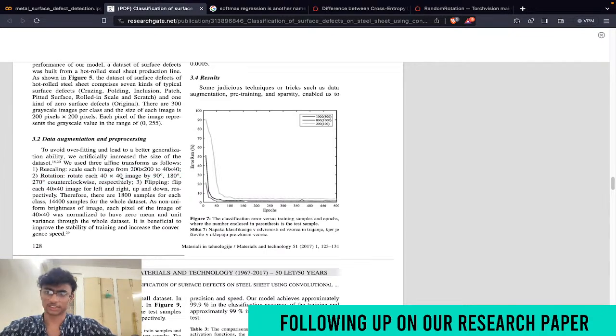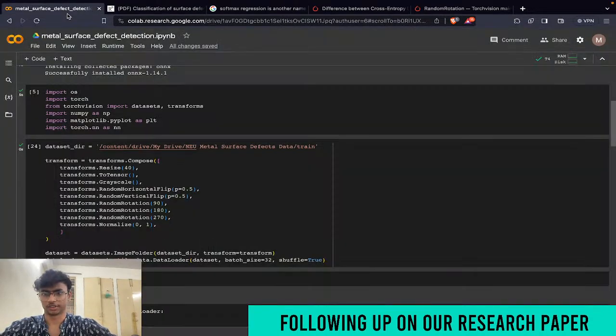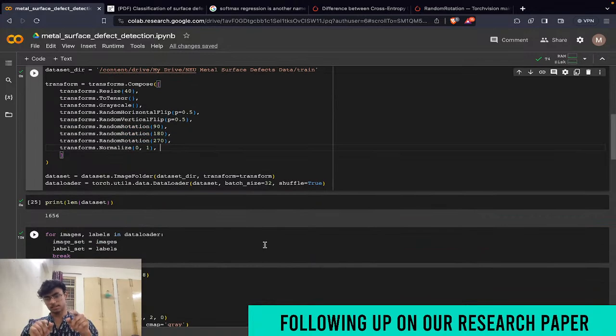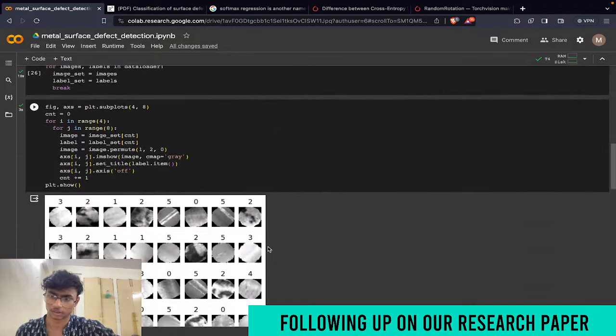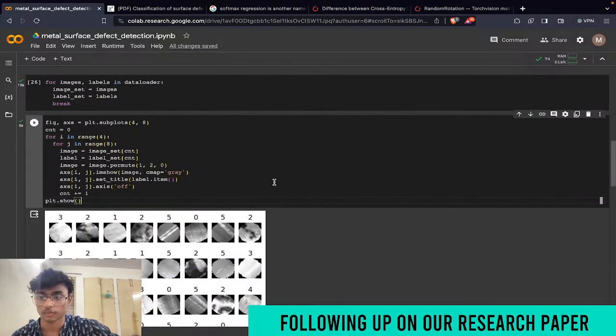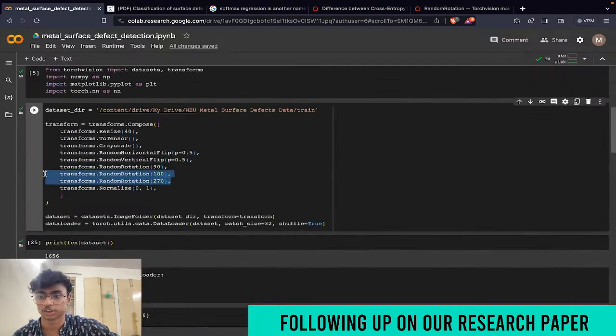You should rotate each image by 90, 180, and 270. Must be imposing all of this on the real image. Still, if I remove these two rotations, it works.